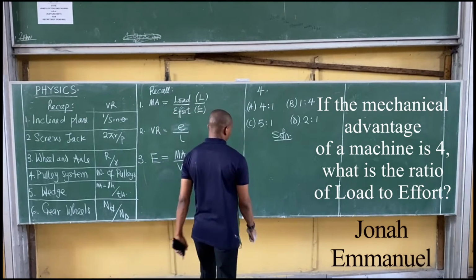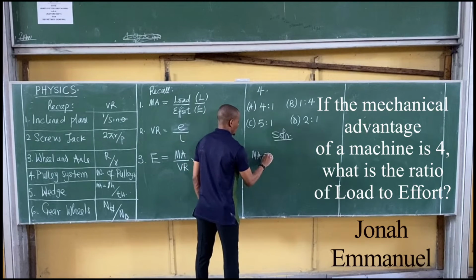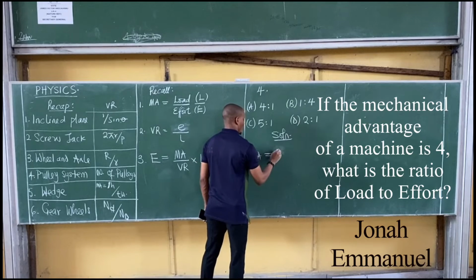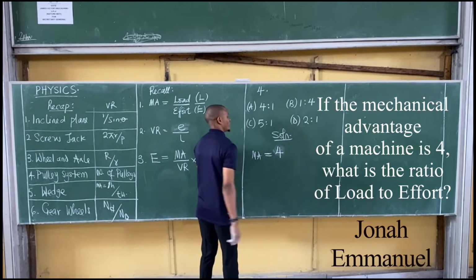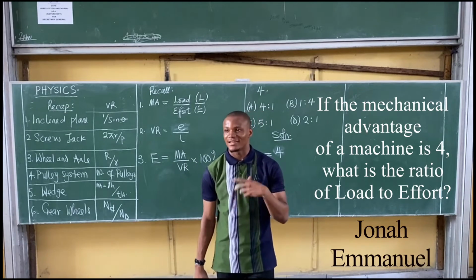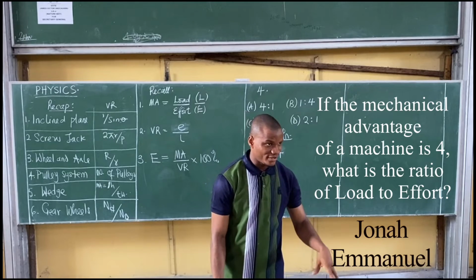Let's do this one, please. How do we solve this? We said mechanical advantage is equal to 4. It is often easy when I solve this in class. Why? Because you're thinking through my brain.